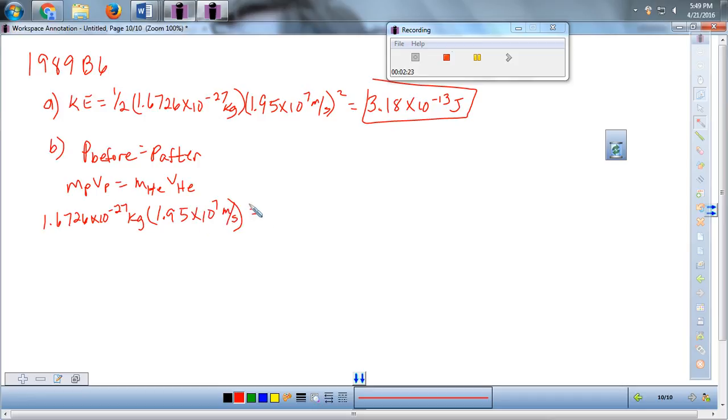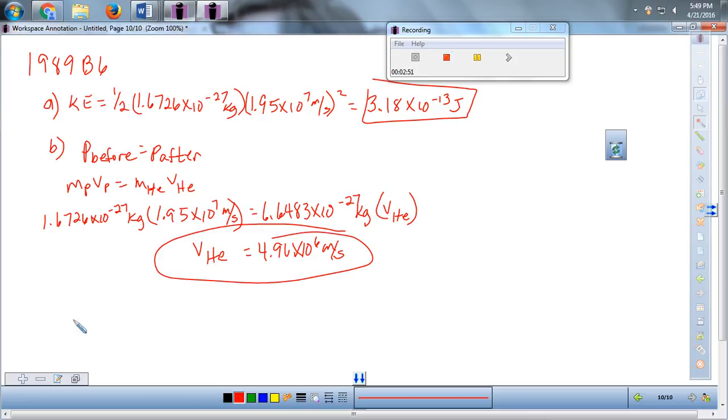And that is equal to the mass of the helium nucleus, which they told us was 6.6483 times 10 to the minus 27th kilograms, times the speed. The speed of the helium nucleus is going to wind up being 4.91 times 10 to the 6th meters per second. So that was good.